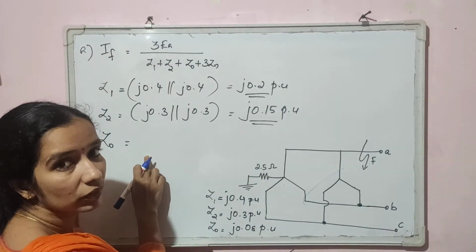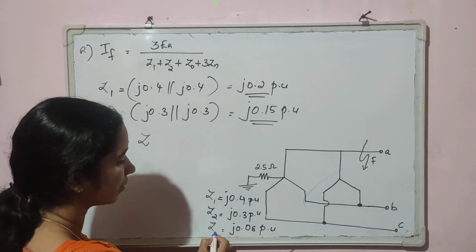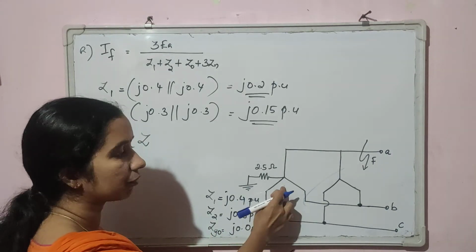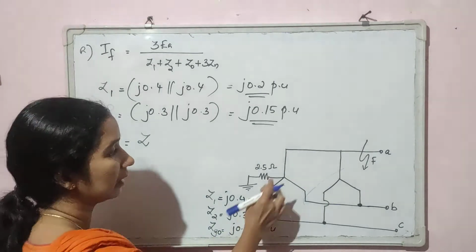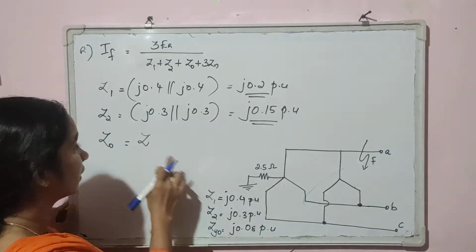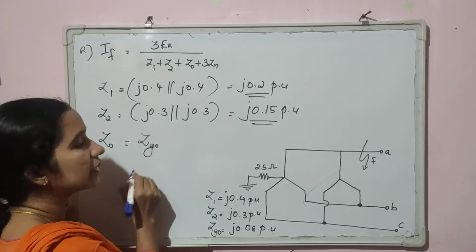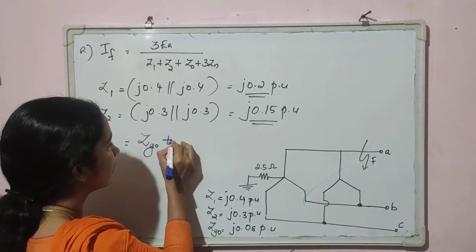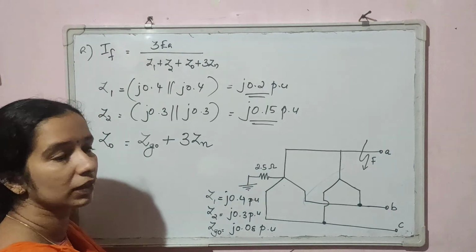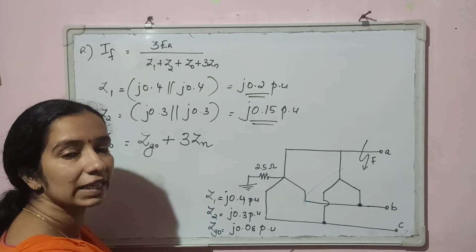The total zero sequence reactance will be the sum of Zg0, the zero sequence reactance per phase of this alternator, which is given, plus 3 times the neutral grounding impedance. So Zg0 plus 3Zn. Zg0 is directly given here.